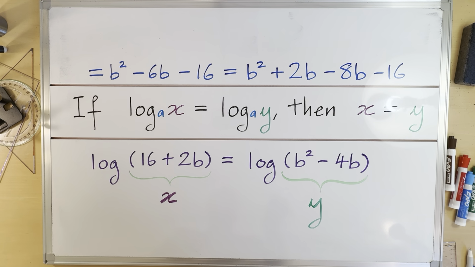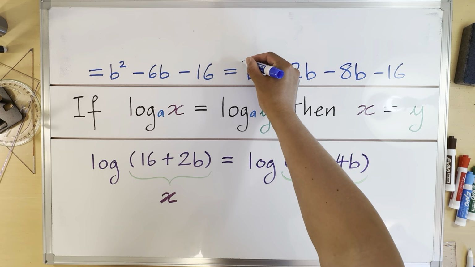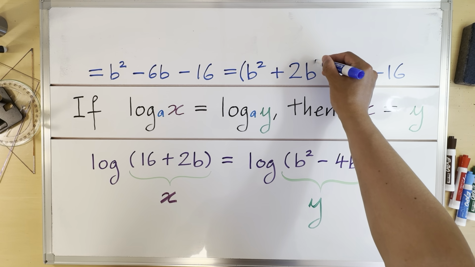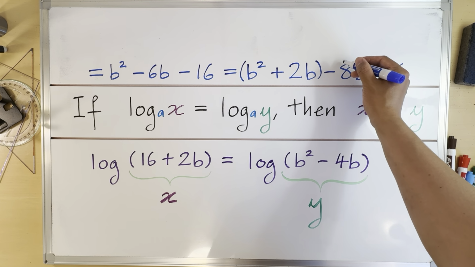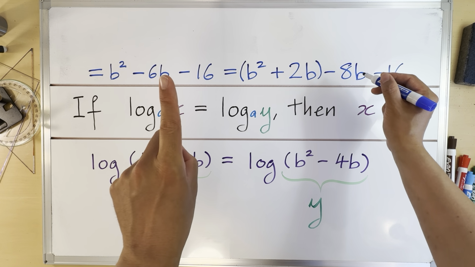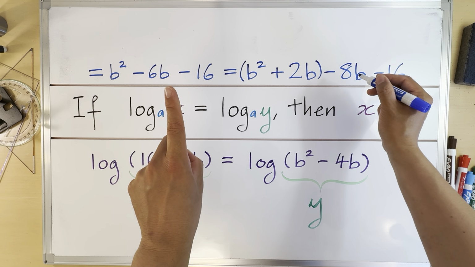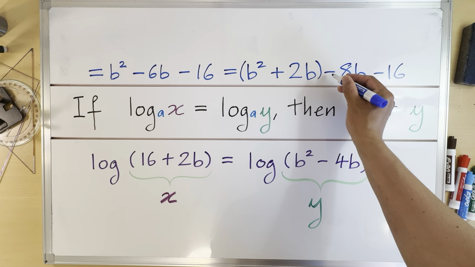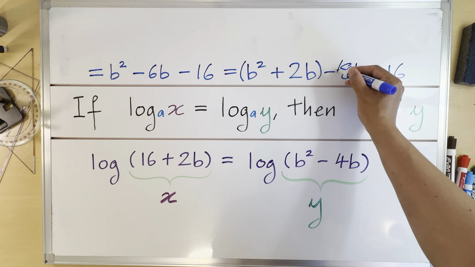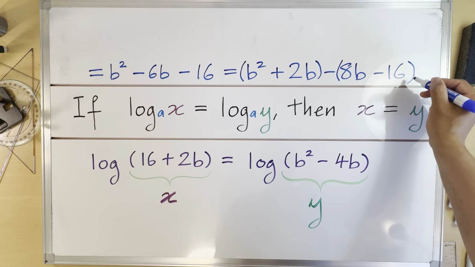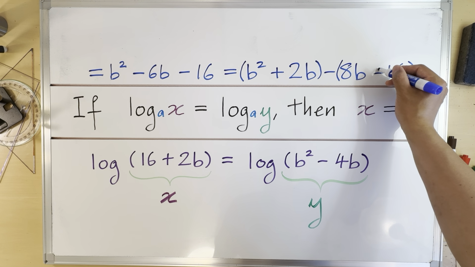Now, what we can do is put brackets around here. We can also put brackets around here as well. But there is one thing we have to keep in mind. Because this is a minus right here, if we put brackets right here, this will become positive.